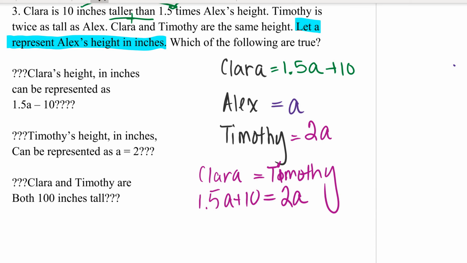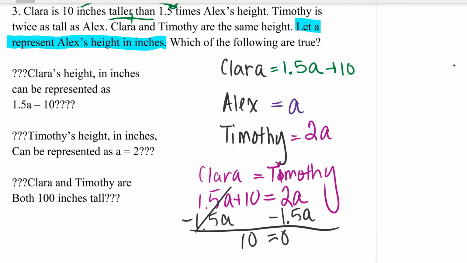So if we're going to solve this for A, we're going to take 1.5A away from both sides. If I had 1.5A, take away 1.5A, that's 0. So I have 10. And on the other side, 2 take away 1.5 would be 0.5A.